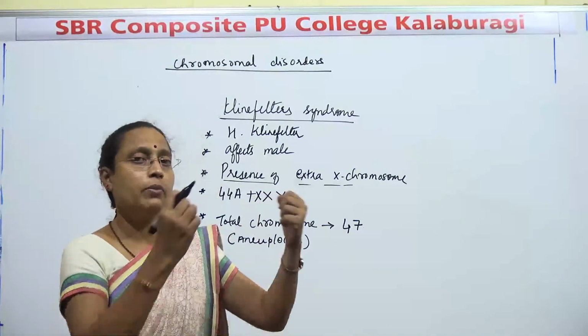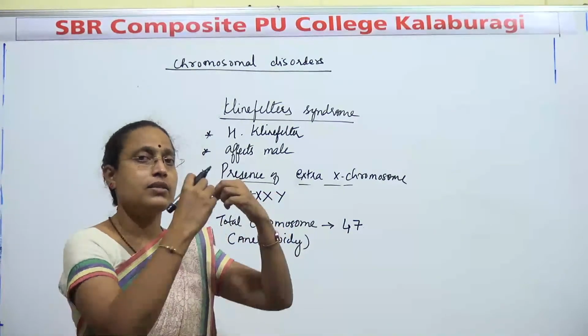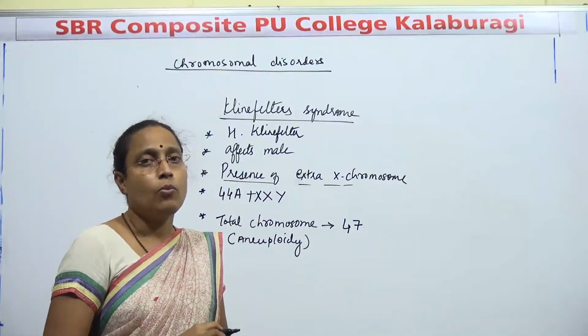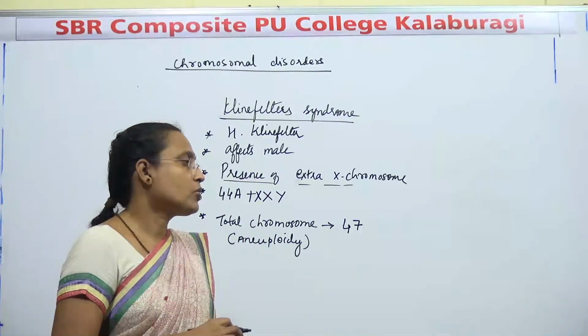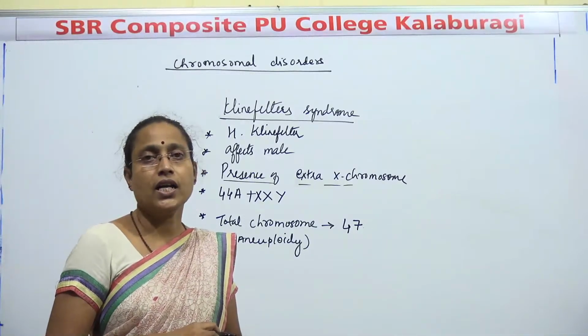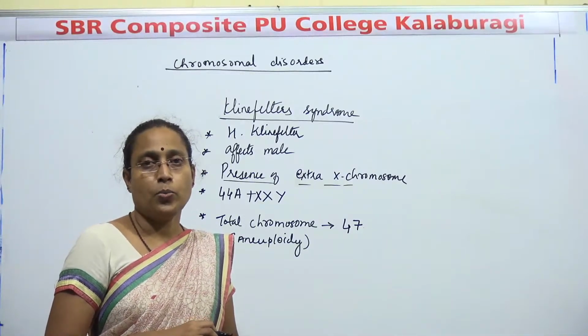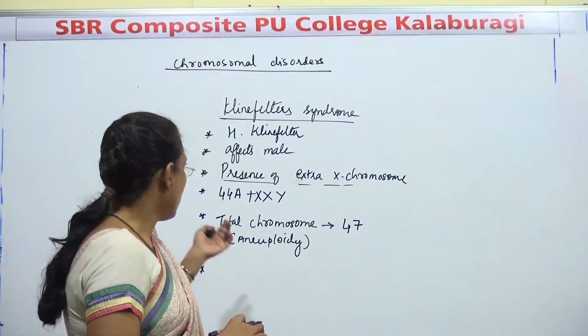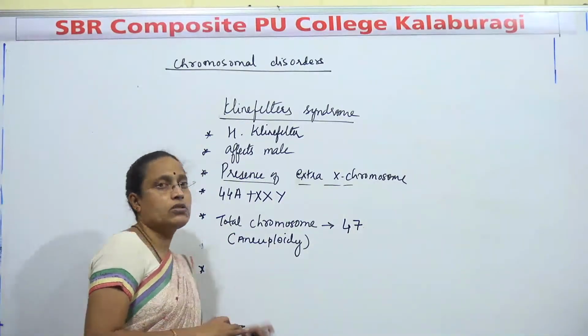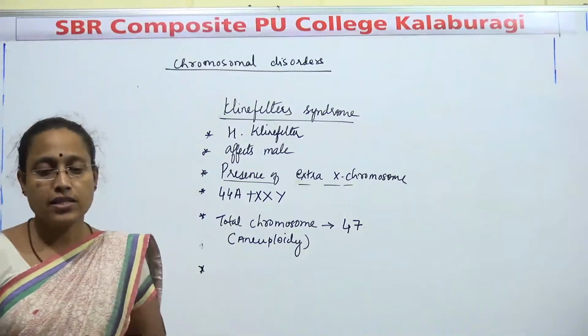They don't separate properly during anaphase. There is separation of chromosomes and chromatids, but they don't get separated properly. So non-disjunction of chromosomes is one of the major causes for the occurrence of Klinefelter's syndrome. These are some of the features of Klinefelter's syndrome.